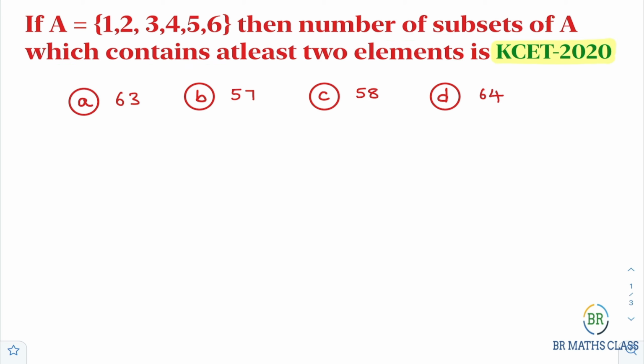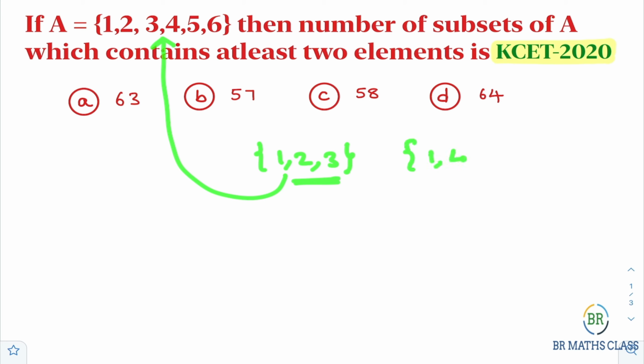For example, here I'll try to explain what they are asking. You see {1, 2, 3}. This is a subset of set A, correct? Because all the elements present in this set are present in A. So this is one subset of A. This contains 3 elements. I'll write one more subset like {1, 4}.